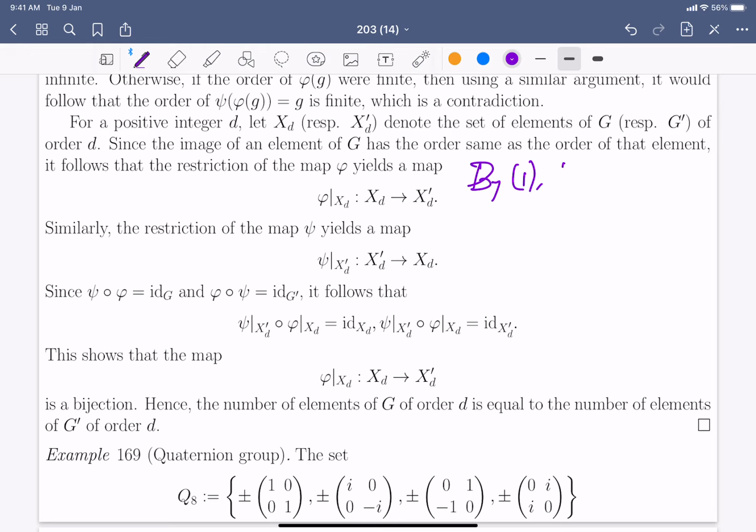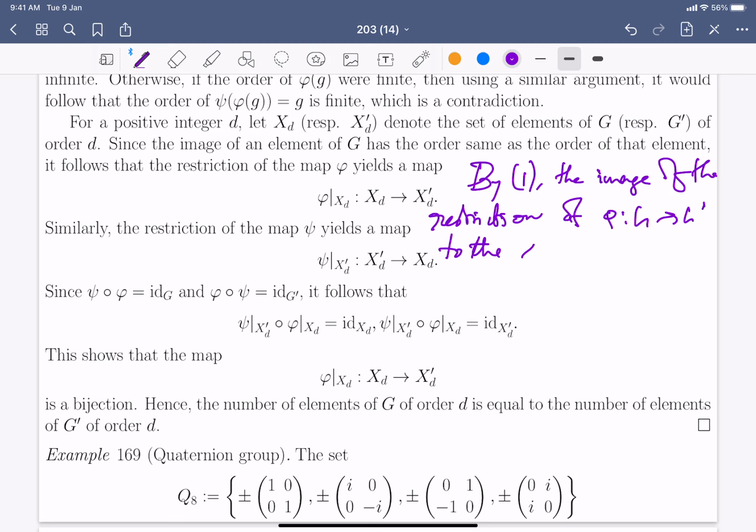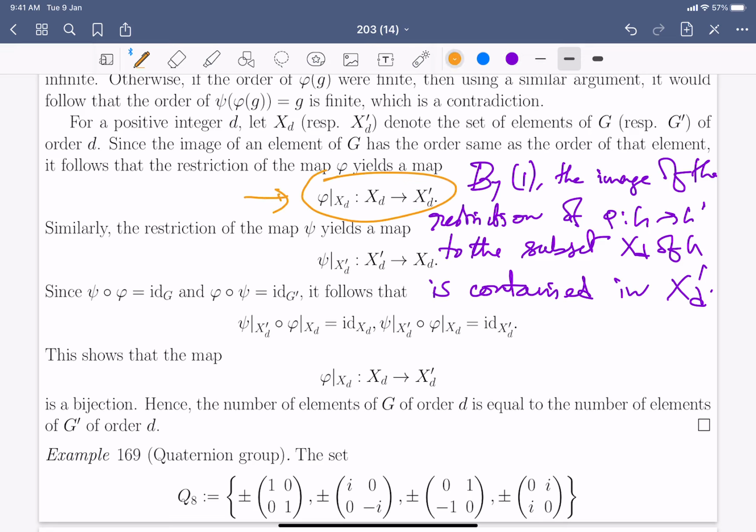By part 1, the image of the restriction of the map phi to the subset XD of G is contained in X prime D, and that shows that this is well defined.